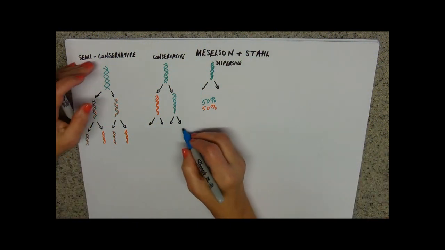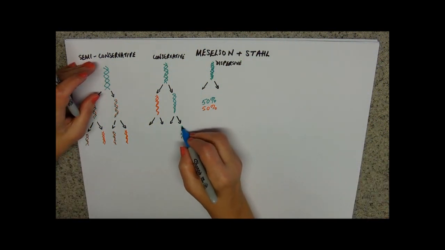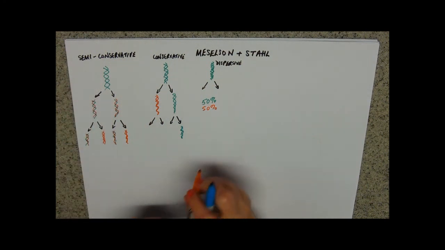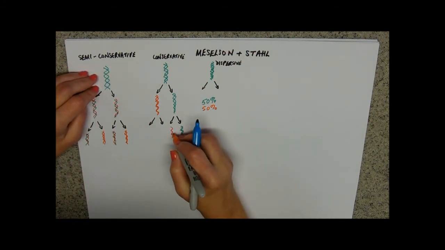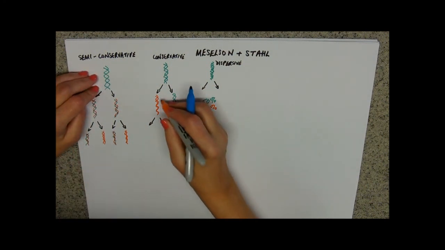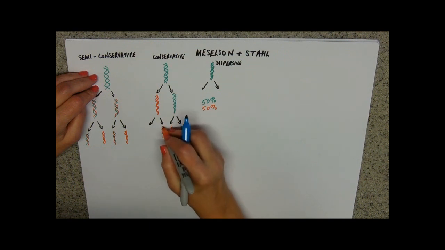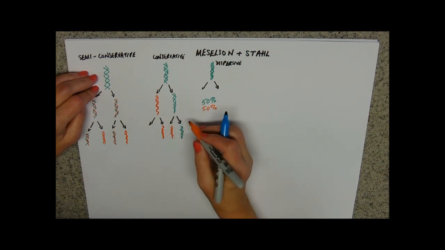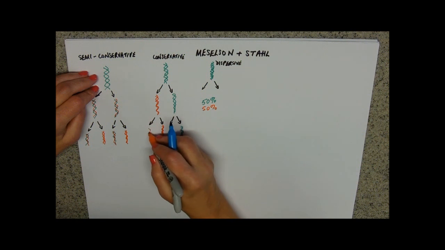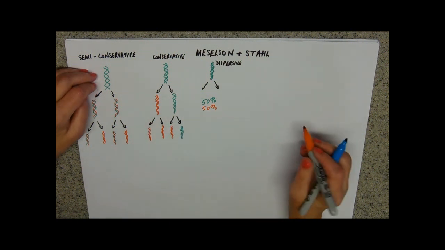we'd have our original molecule and we make another copy, and then with our new molecule, this is of course in a different cell, we'd have that and we'd make another copy.